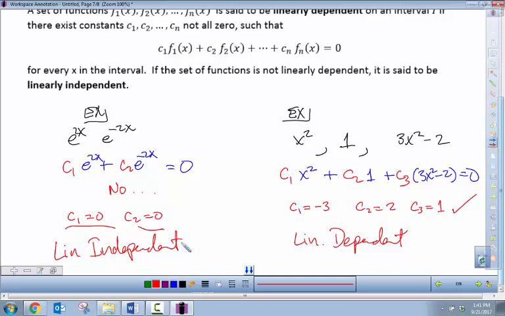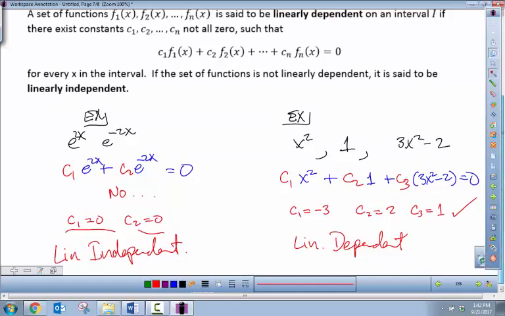Another common one is sine x, cosine x, and then sine 2x. Those 3 functions put together are linearly independent. Or linearly dependent, sorry.